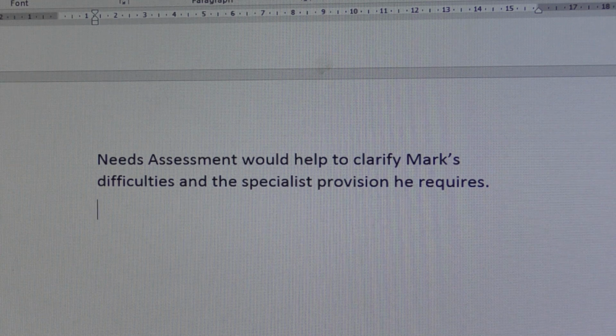And then finally what we're going to do is give the local authority some more information. So what we're going to do here is list all the available evidence that we've got.